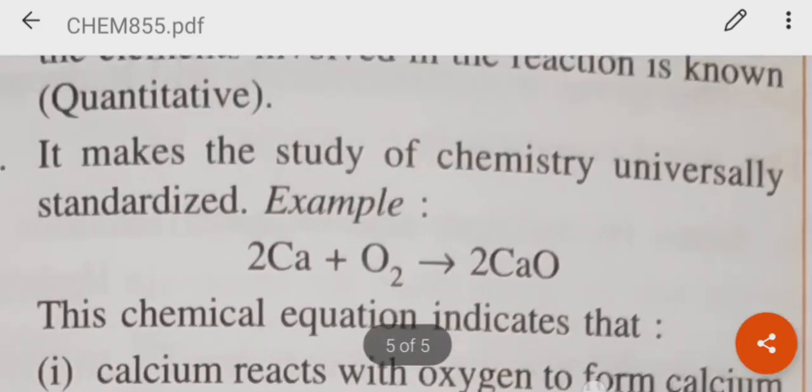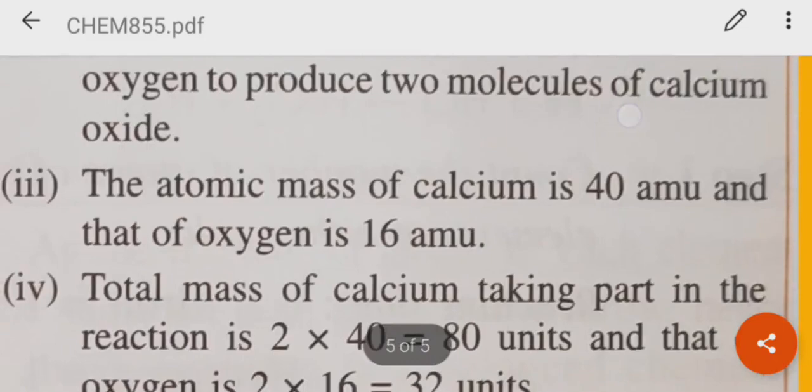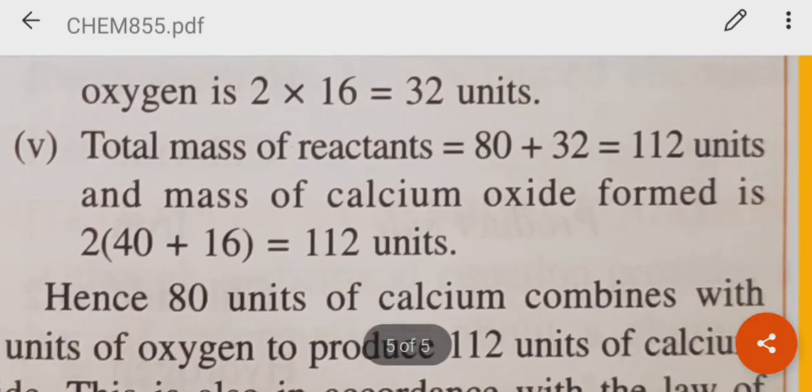Now, what is the total mass of the reactants? 2 into 40, because there are 2 atoms of calcium, plus 2 into 16 because there are 2 atoms of oxygen. So, 2 into 40 is 80, 2 into 16 is 32, so it is 112 units. So, what do we see?